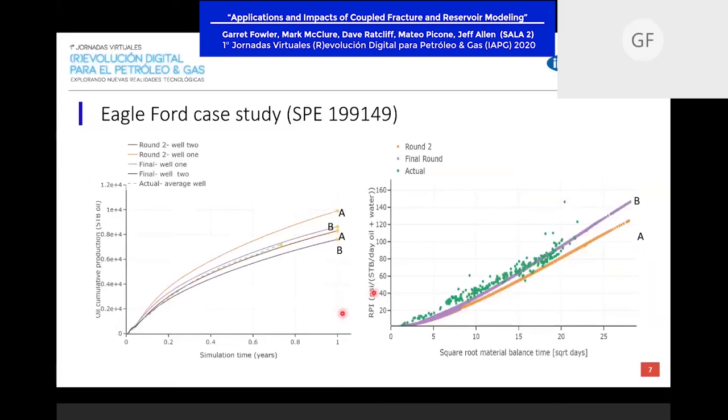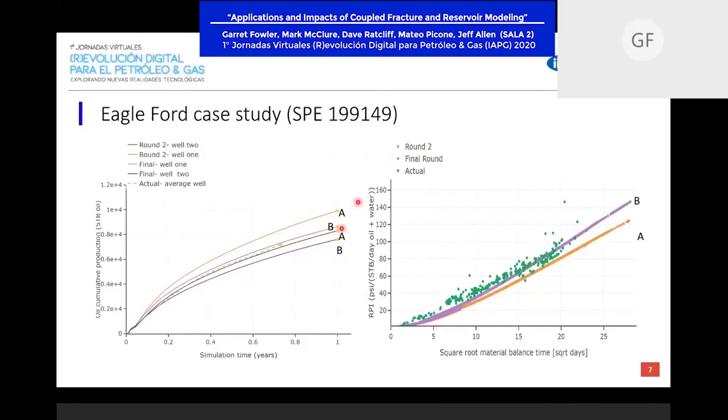And so one of the ways that we looked at the data was also in an RTA sense. And so in this paper that we wrote, we walked through these steps of interpreting RTA data, and are able to do so to assess which model parameters we think are more representative of the subsurface.